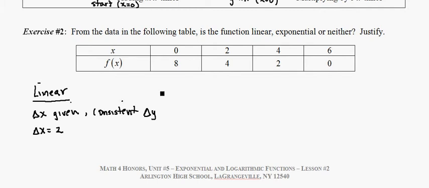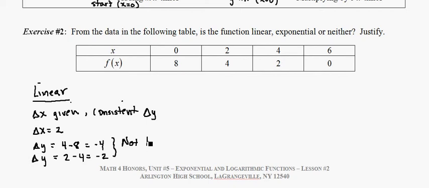But then if we look at our first delta y, which would be 4 minus 8, remember, y2 minus y1, that's negative 4. Our next delta y is going to be 2 minus 4, and that's negative 2, and I wouldn't calculate any more. They're not the same. Now, the reason that we don't have to calculate the average rate of change, because technically that's really what we should be doing, the reason that we don't have to calculate delta y to delta x is because delta x is this constant 2.